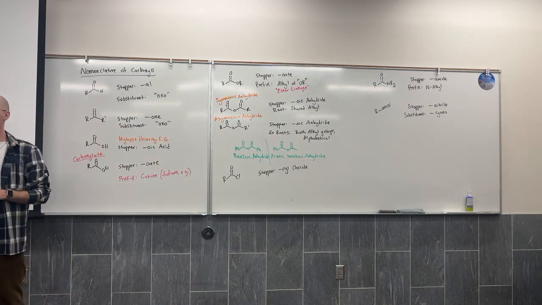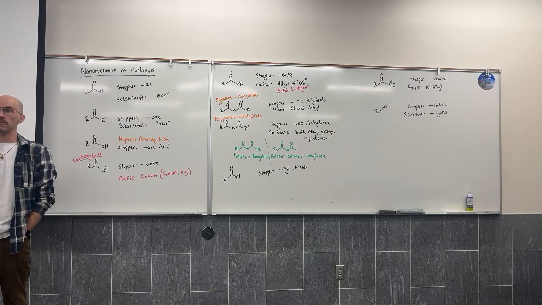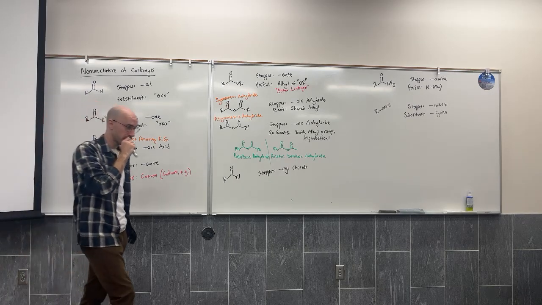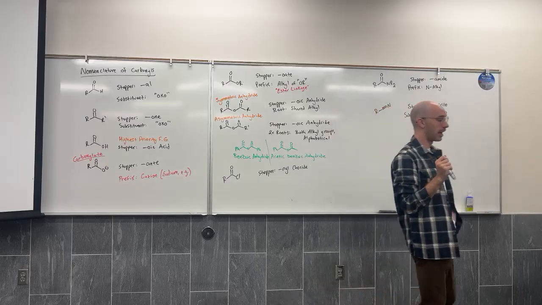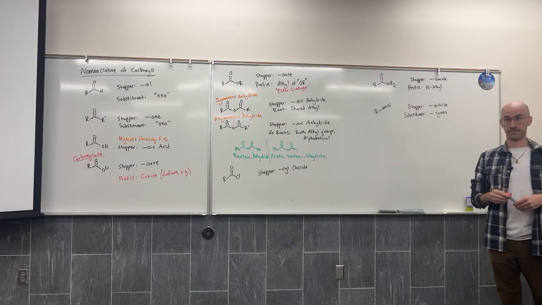The one thing that we have not done is talked about priority. I'm not going to go through the priority listing for all of these functional groups because I'm not usually going to give you all of these functional groups together in a molecule.